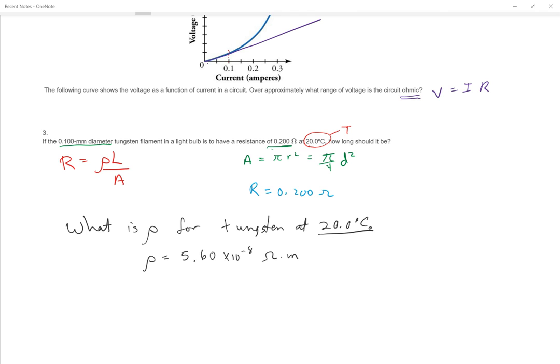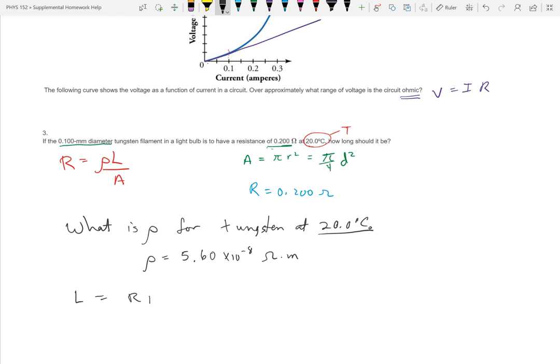And so now we can put it all together. Now it's just math. L is equal to resistance times area over rho, which is equal to 0.200 ohms times pi over 4 times diameter, which was 1.00 times 10 to the minus 4 meters, quantity squared.